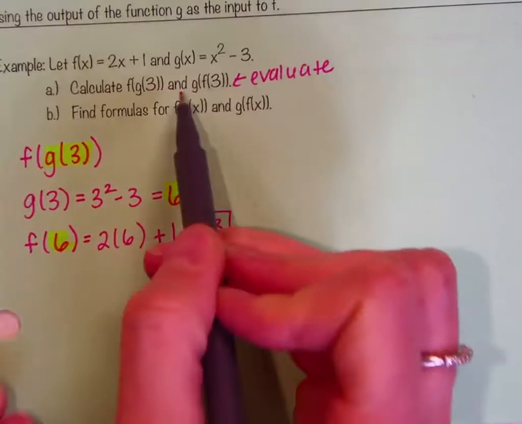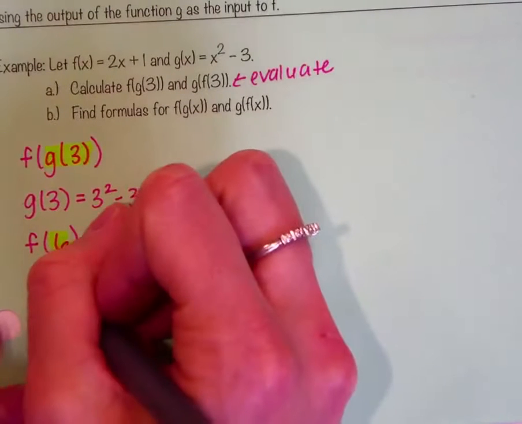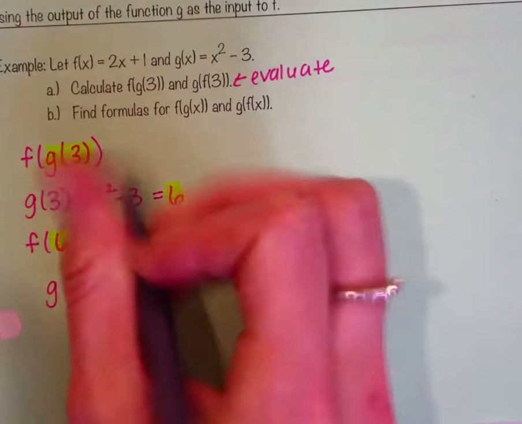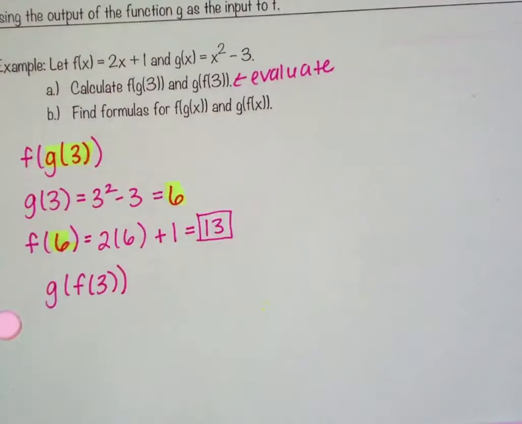Why don't you guys try the second one? So find g of f of 3. So don't do B yet, do the second part of A. Find g of f of 3.